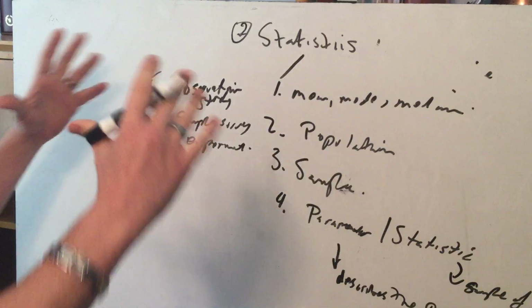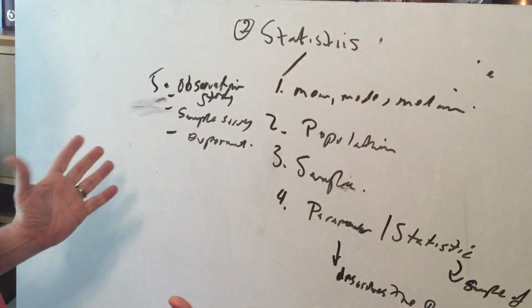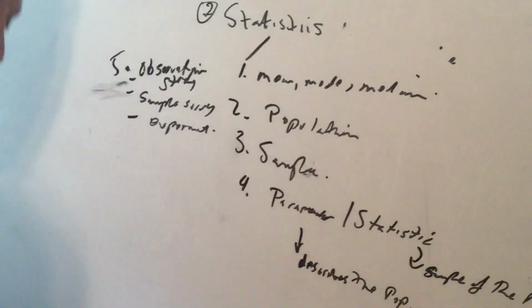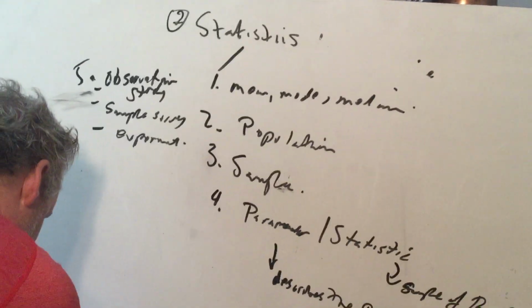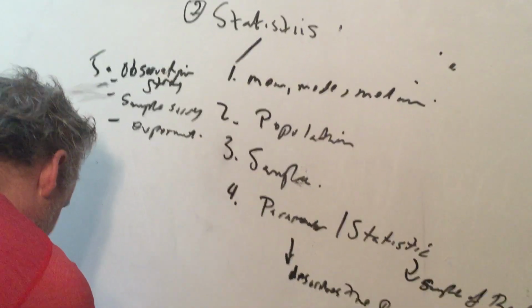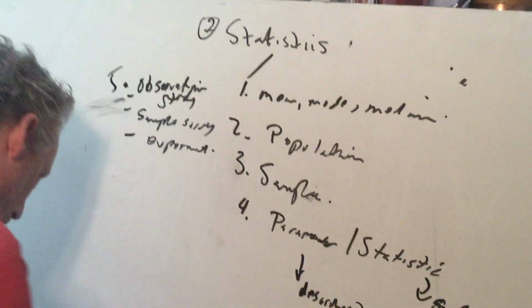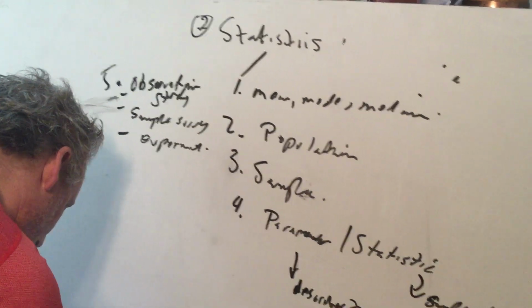A sample study is when you take a sample and do a survey on the sample. And an experiment is when you're actually doing something and performing something. Very, very easy. And last but not least, let's talk about bias and unbiased.